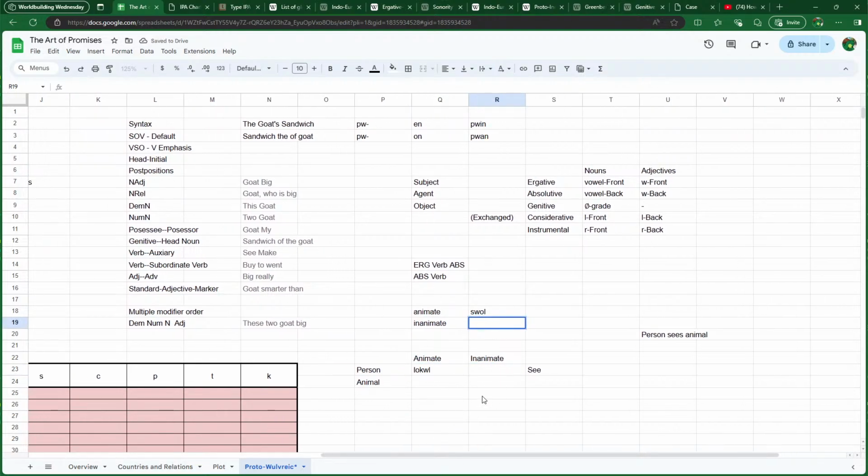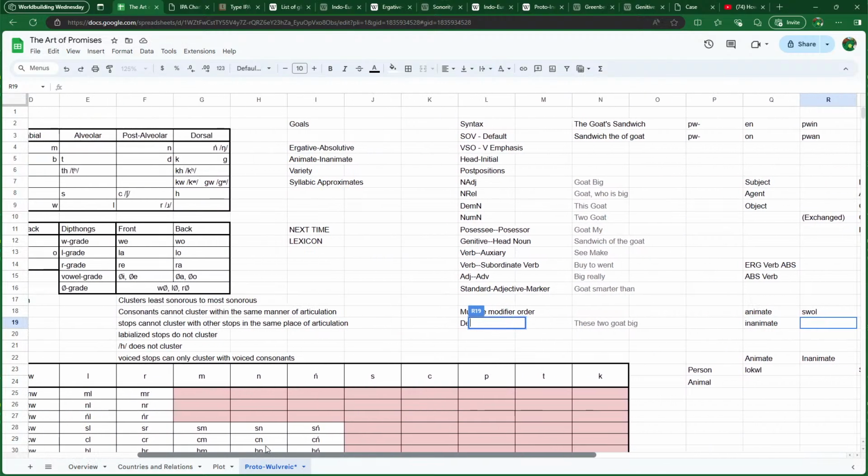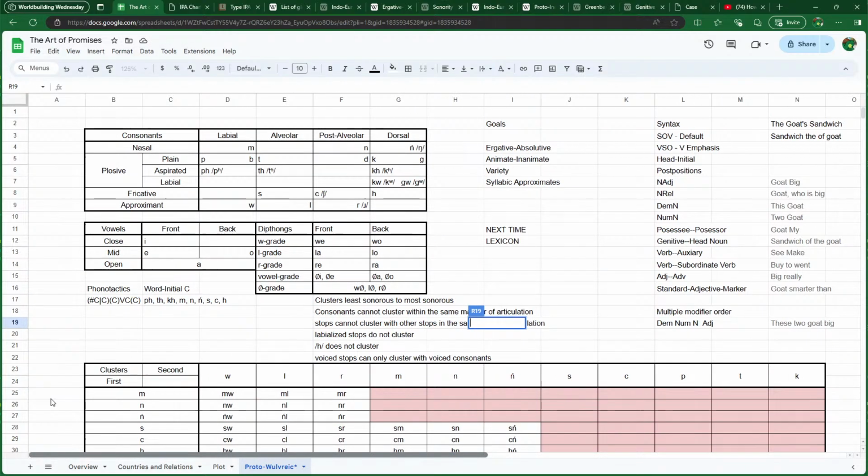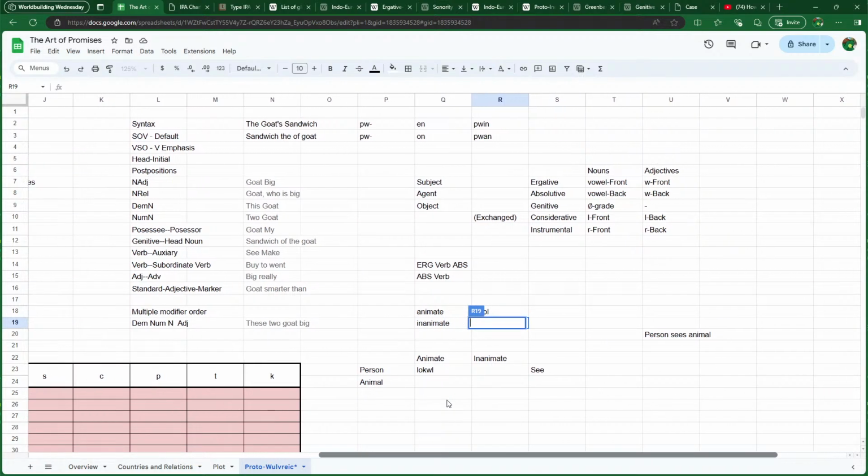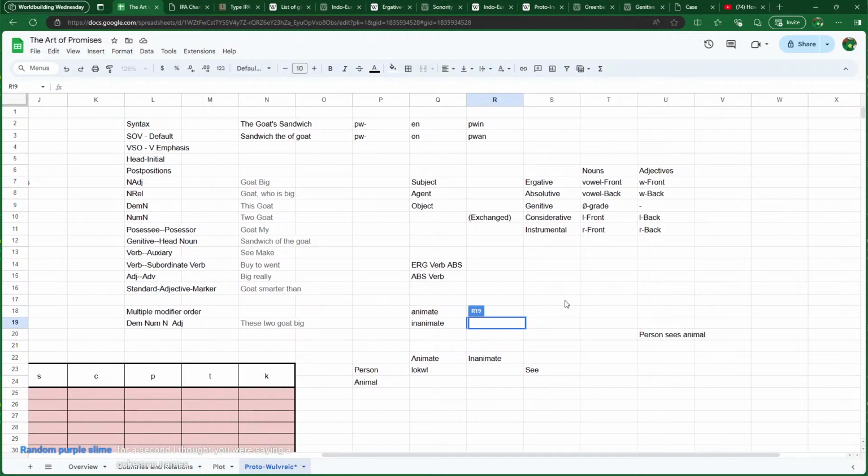And the inanimate, instead of swole, will be... for a second I thought you were saying Pokemon names now. Swole. Because the way this works is if the noun it modifies is absolutive, then it has to use wo.